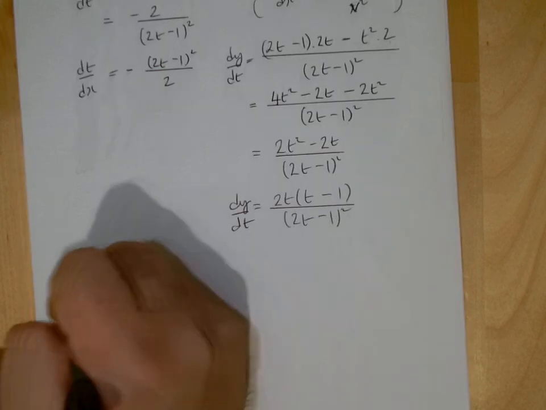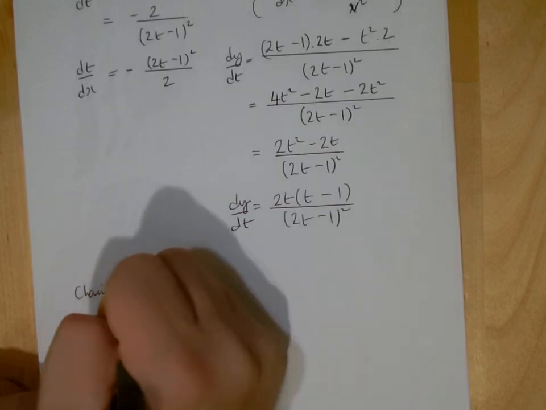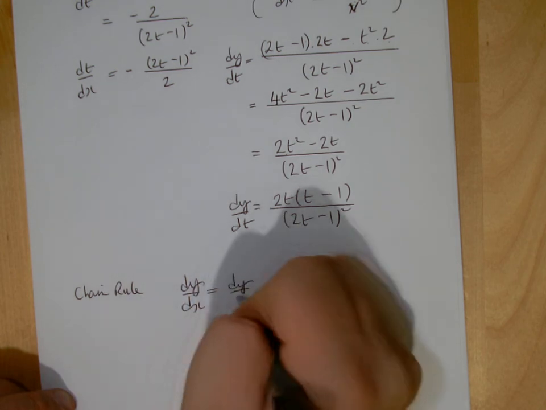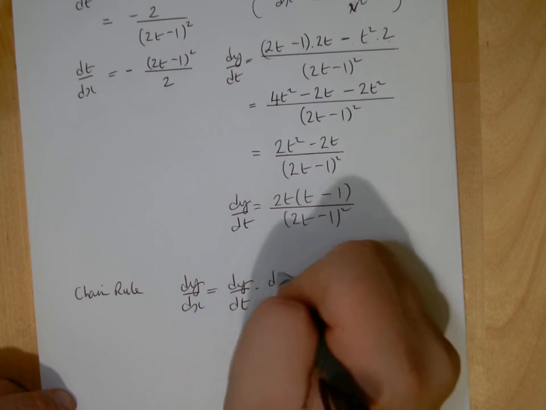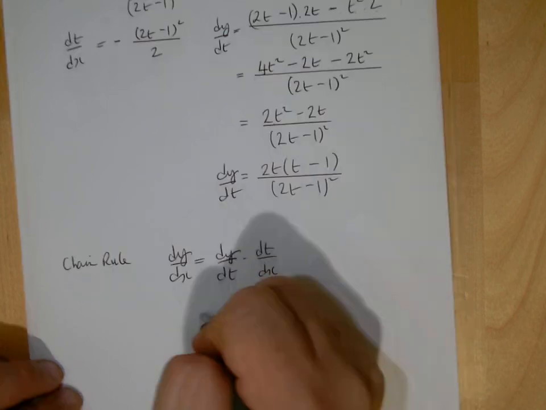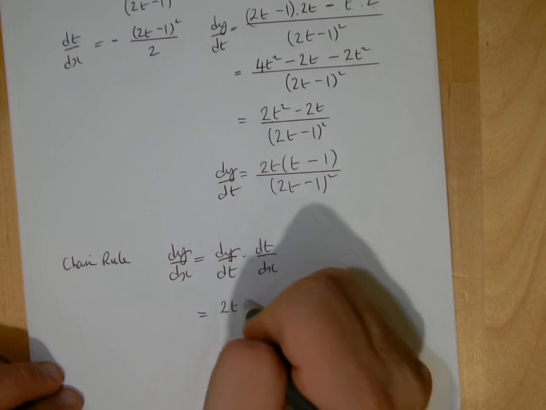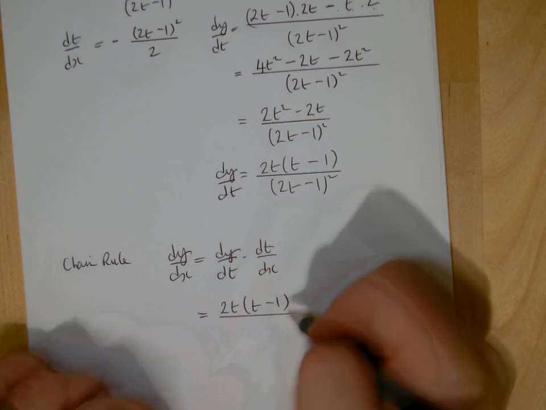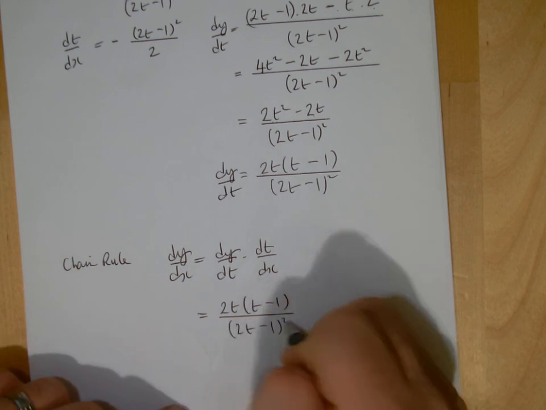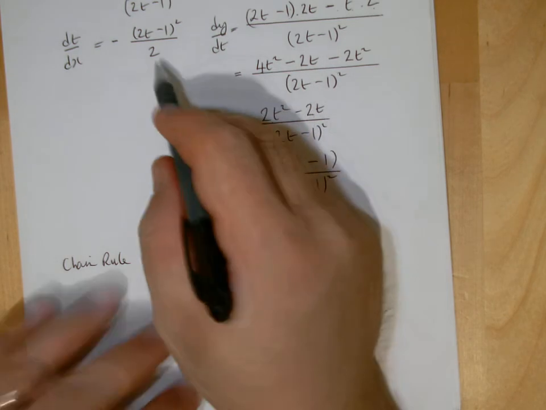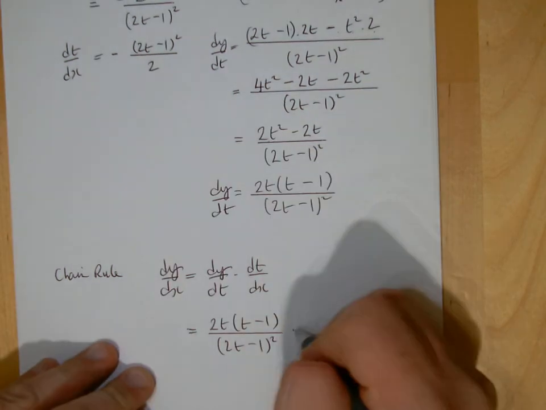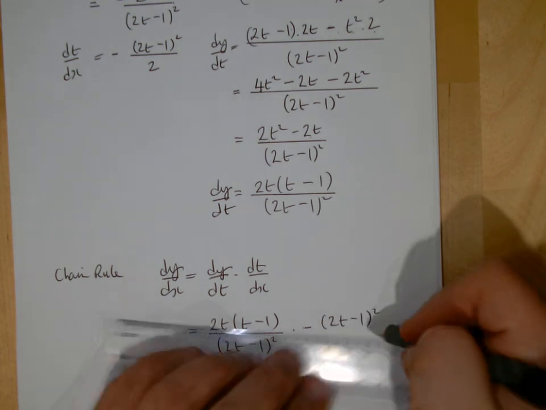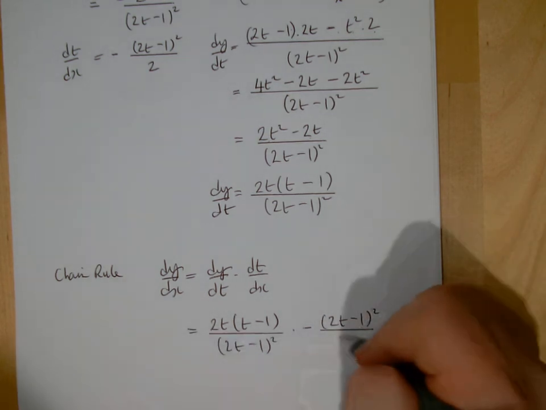Using the chain rule then, okay, so I've got for the chain rule dy by dx is equal to dy on top by dt times then dx on bottom, so dt by dx. So I've got dy dt, which is 2t times t minus 1 all over 2t minus 1 all squared, and dt dx was that result I had a few minutes ago, which is that there, minus 2t minus 1 all squared over 2.